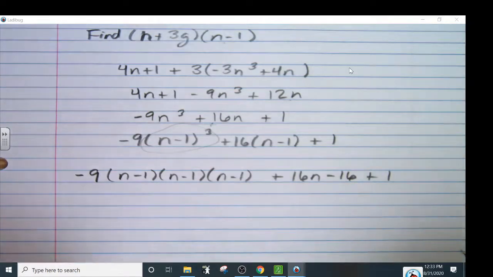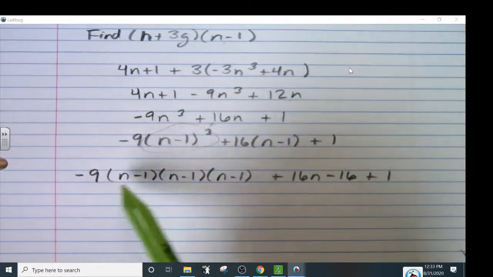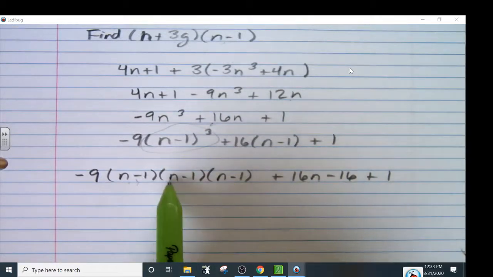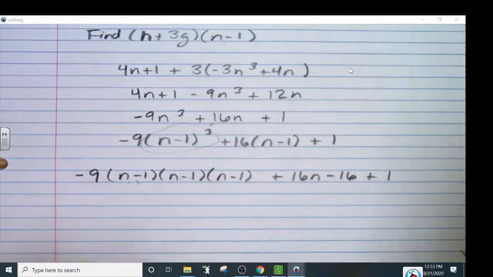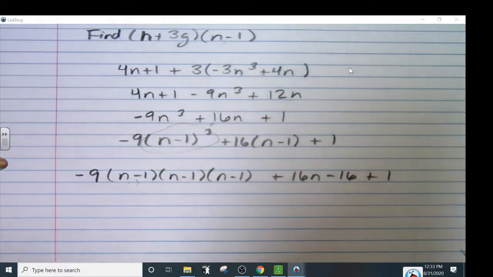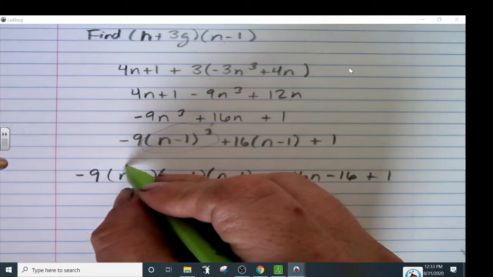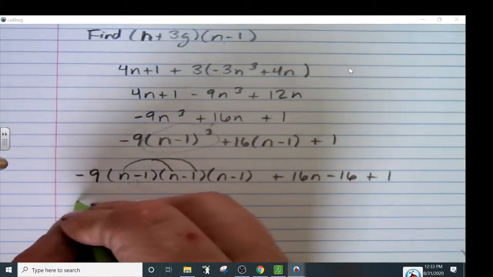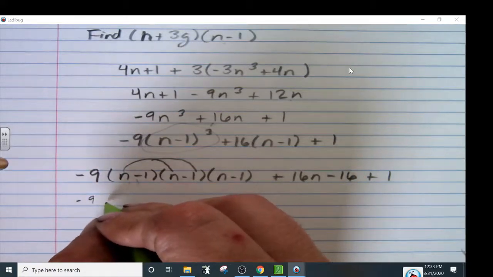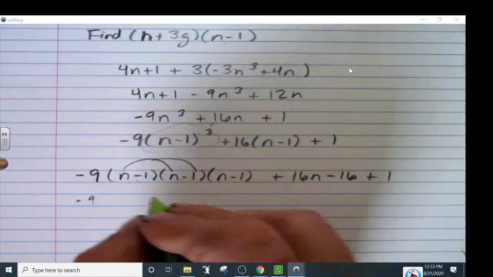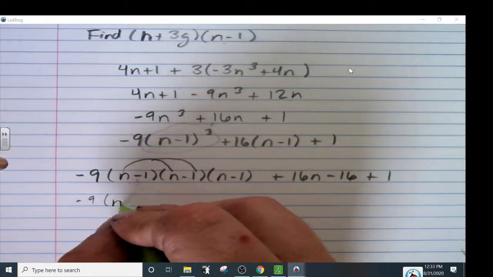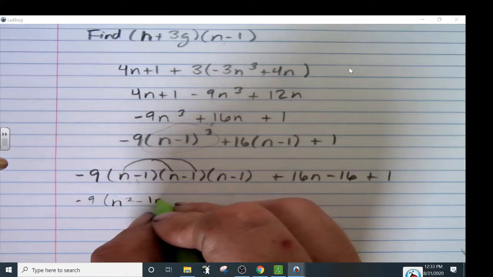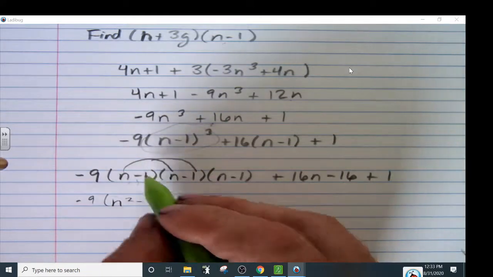Now, what I'm going to do is I'm going to distribute these front two, and then I'm going to multiply it by the third. Okay? There's probably a faster way to do this. I'm just not aware of it. But distribute that first. That's going to be, let's see. Then distribute this.